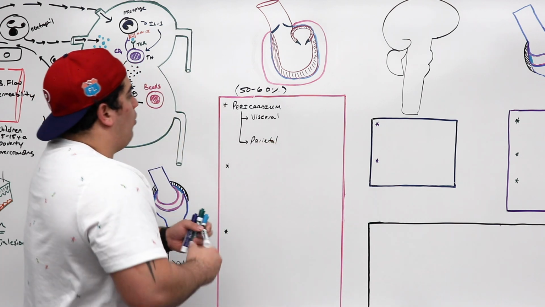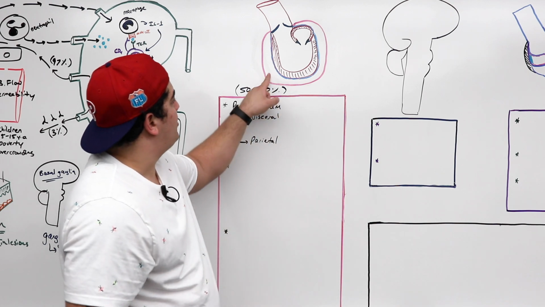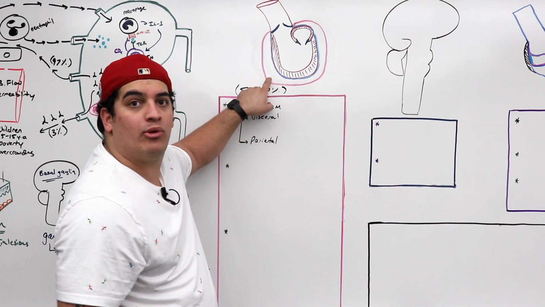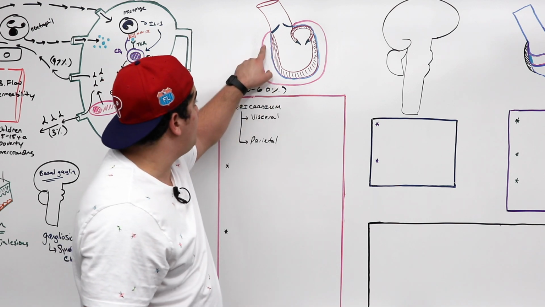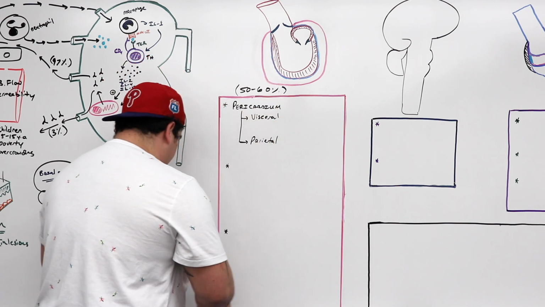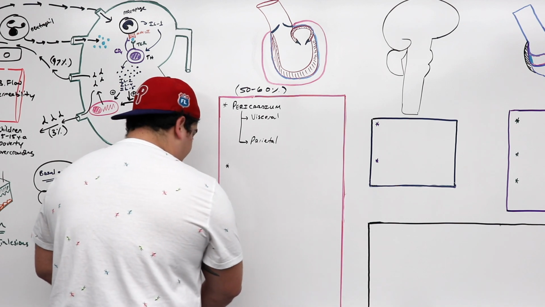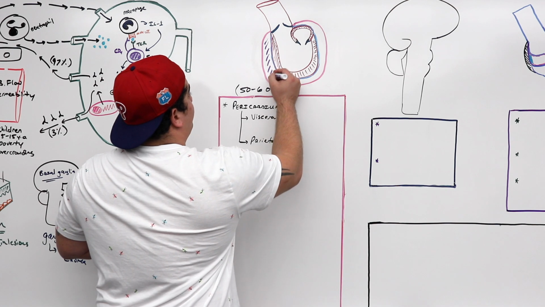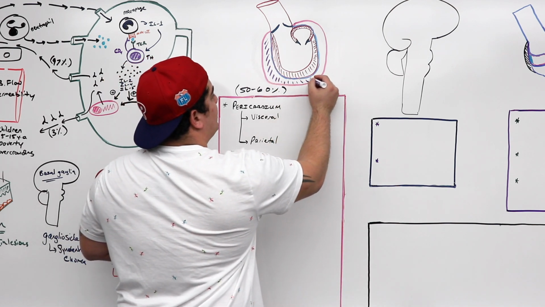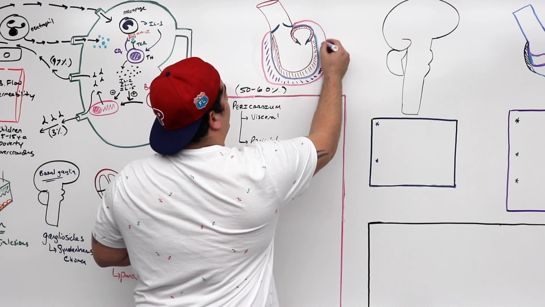Now, what happens is in between, so here you're going to have this pink layer, that's going to be our parietal layer. You have that baby blue there, that's going to be the visceral layer. What's in between? In between is actually going to be serous fluid, and this serous fluid is called the pericardial fluid.